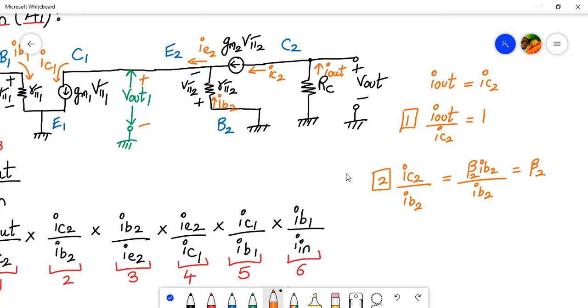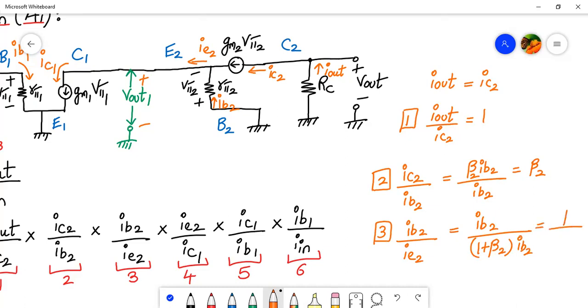Then next, what is the relation between IB2 and IE2? Let me add the third point over here. The relation is as follows. It is IB2 divided by 1 plus beta 2 times IB2.